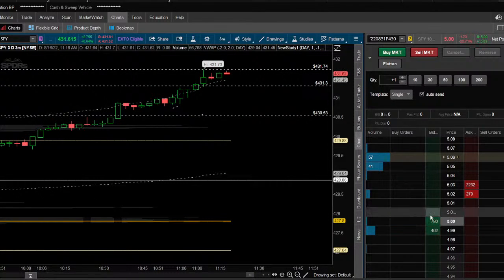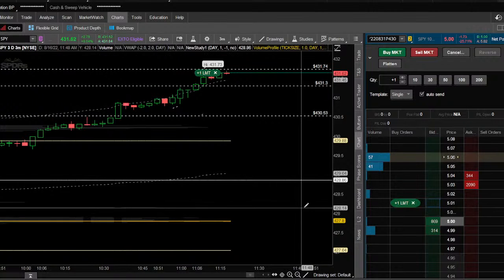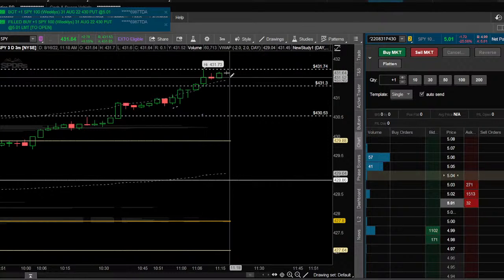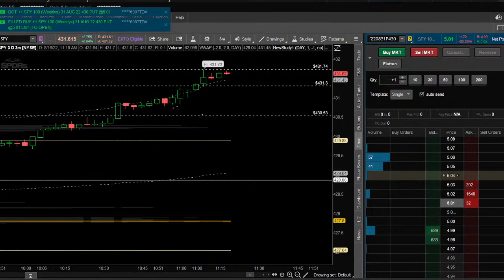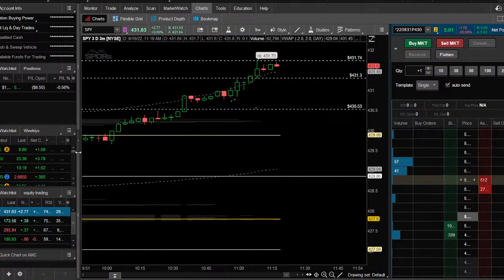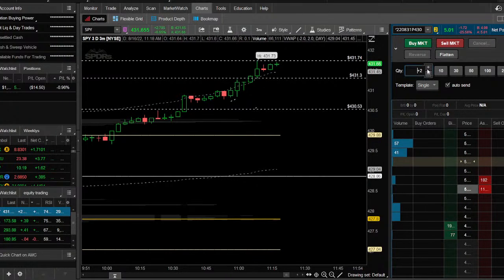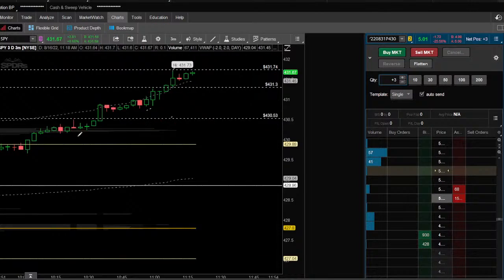Let me enter with one more. I kind of want to re-enter here. Let's see what happens. I gotta have my trigger finger ready, man, to sell this if it goes against me.